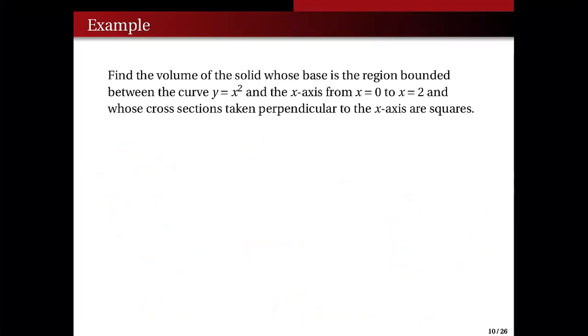So in here, find the volume of the solid whose base is the region bounded by the curve y equals x squared and the x-axis from x equals 0 to x equals 2, and the cross sections taken perpendicular to the x-axis are squares. Let us try to illustrate this.